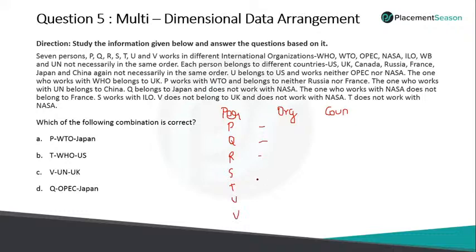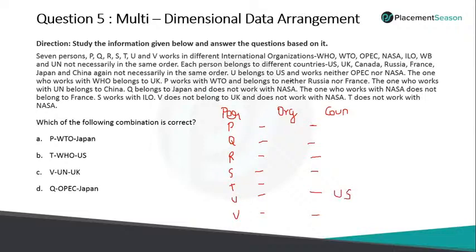Now we'll match. It is given U belongs to US, so we write organization here and country in the third column. U belongs to US, which is a definite one.